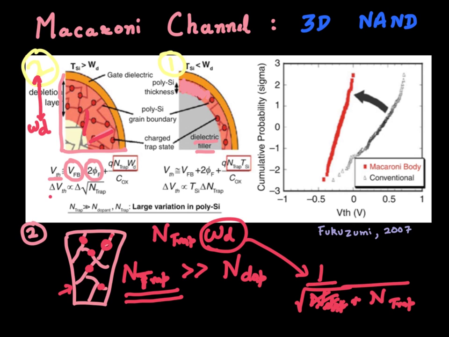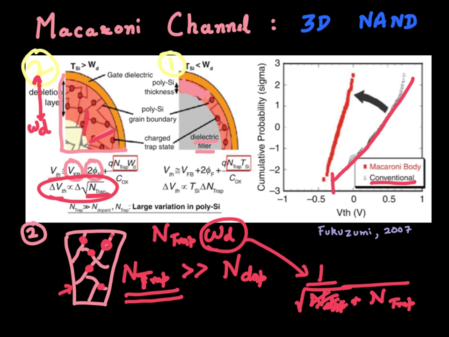So overall, your threshold voltage is proportional to the square root of the trap density, and this is a very large number for polysilicon material. So what it results in is that you have a large variation in your threshold voltage when you have a conventional design where the channel is all filled up by polysilicon.